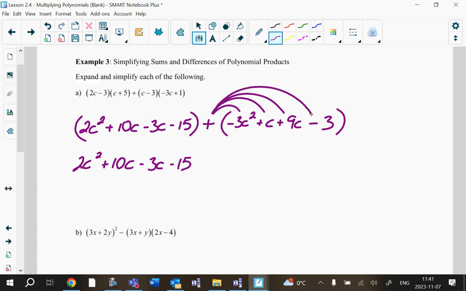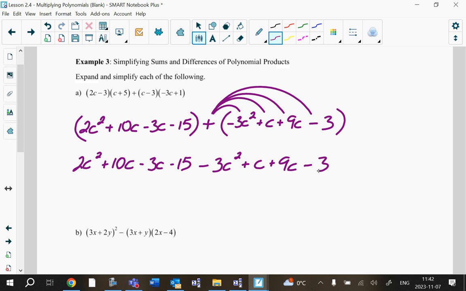So what is an easier way to say plus negative 3c squared? Just negative 3c squared. Plus positive c is just plus c. Plus positive 9 is, again, just plus 9c. Plus negative 3, minus 3.